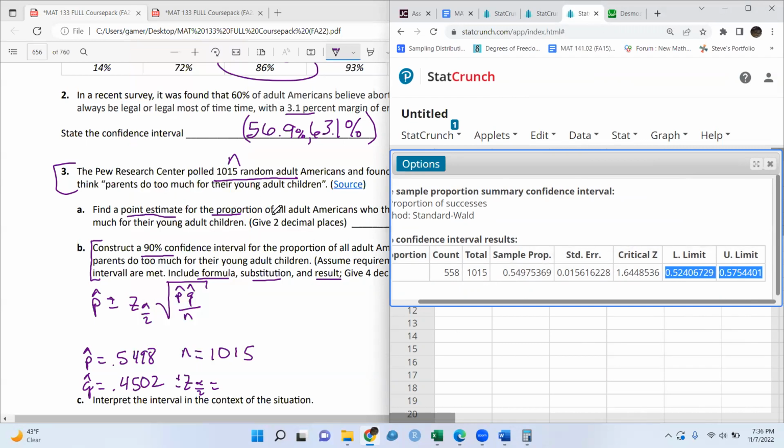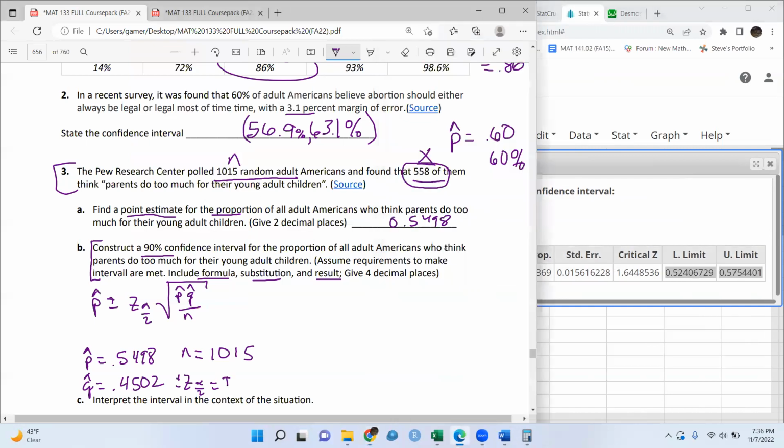So all we have to do then is copy down the critical Z value, plus or minus 1.645, and then copy down the interval with the required decimal places. For this time, we chose 4 because that felt like a good number to pick.